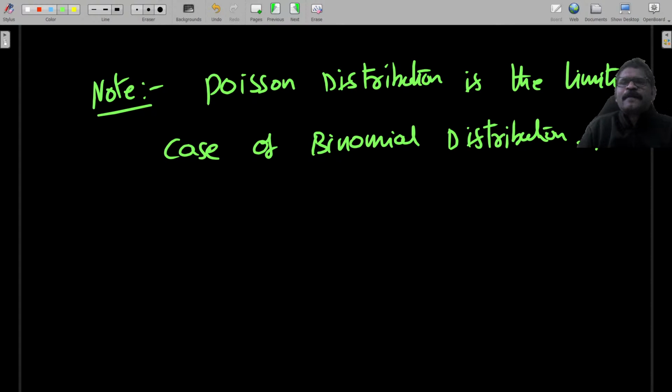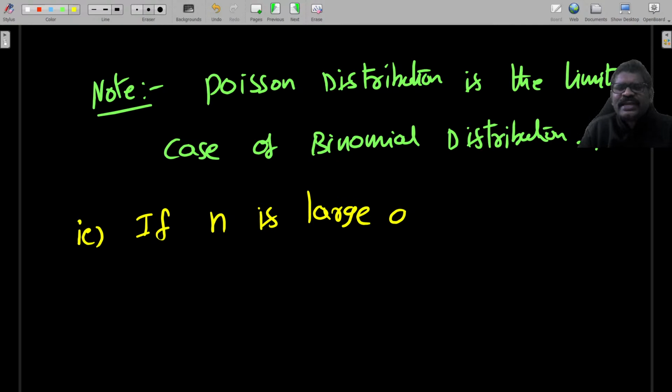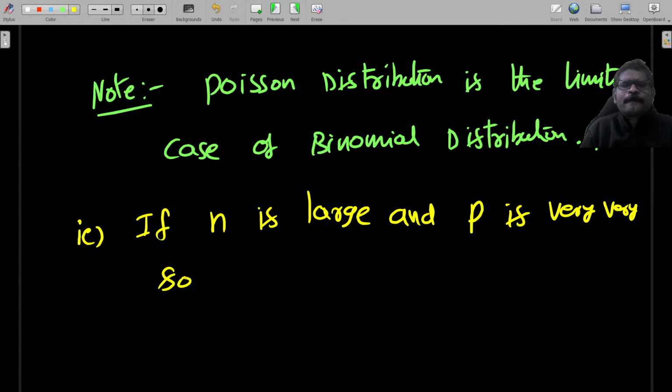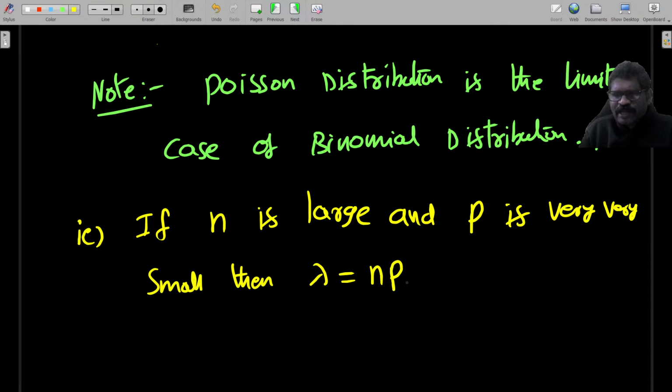The meaning of that statement is, if the number of trials n is large and p is very, very small, then Poisson mean lambda and binomial mean np are both equal.